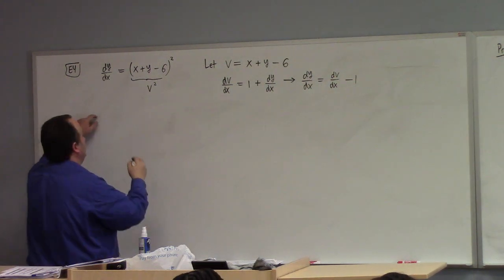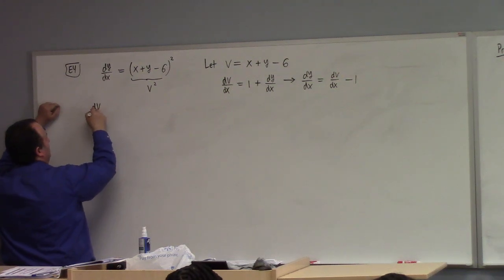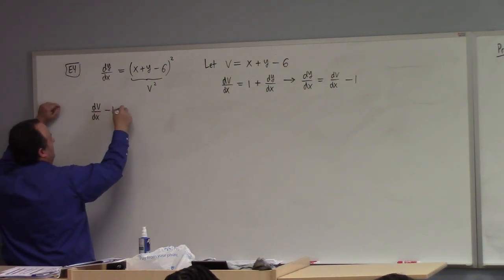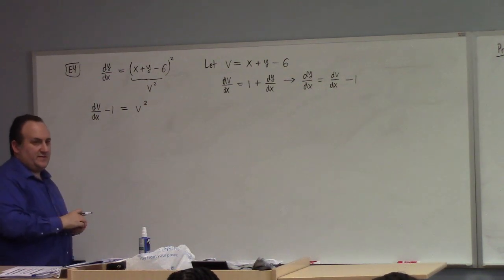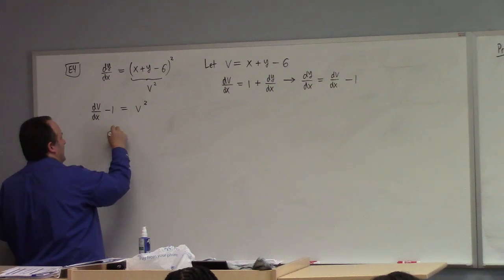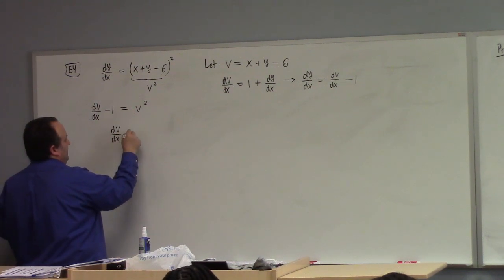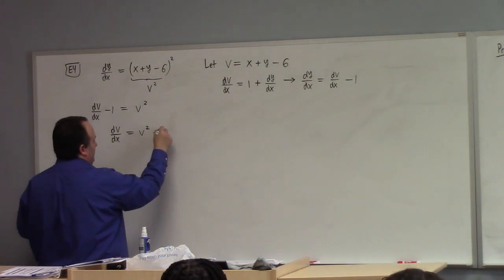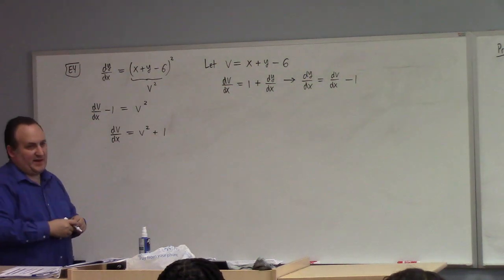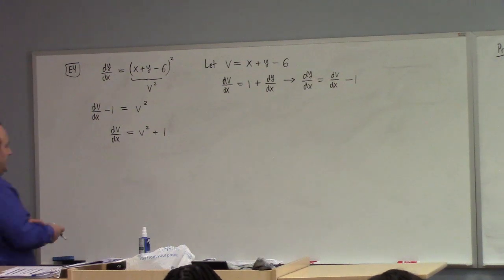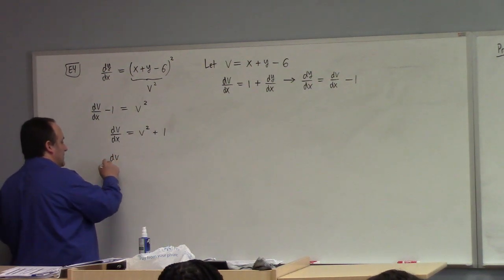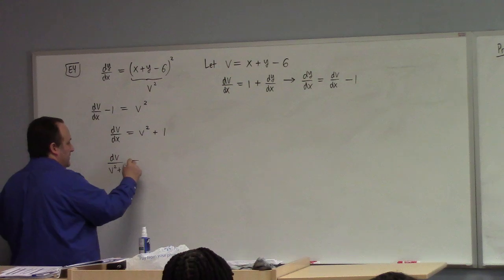And as such, this becomes dv dx minus 1 is equal to v squared. This is a lovely differential equation because this takes us back to the start of things. This makes me nostalgic for the first 20 minutes of when I actually did math and wasn't just telling you words. Right? We can solve this with separation of variables.